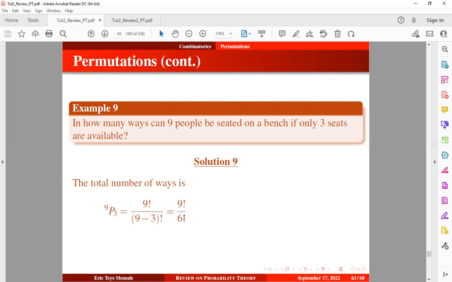And this is similar to 9 factorial divided by 6 factorial, which can also be expressed in this form. So 6 factorial can divide 6 out. So we have 9 multiplied by 8 multiplied by 7. So in the end, we are going to have 504. So the total number of ways in which 9 people can be seated on a bench if there are only 3 seats available will be 504 ways.